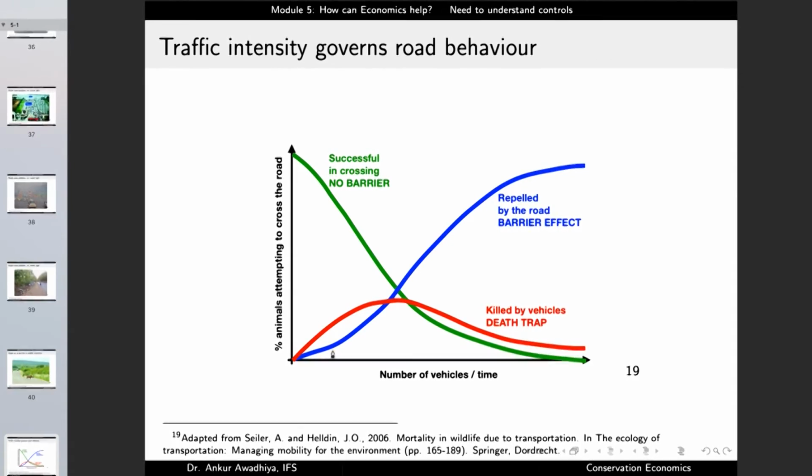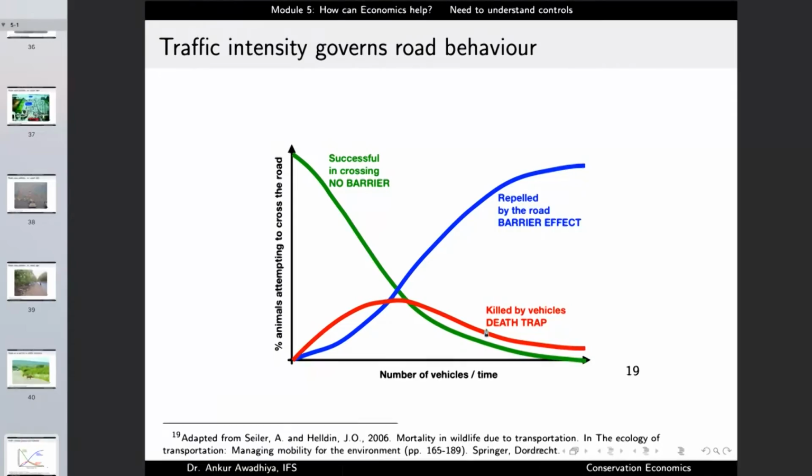But in these central areas where the vehicle density is in between, the animal sees that, okay, vehicles are coming, but not at such a huge density that I might be unable to cross. So the animal thinks, okay, let me take a chance and cross this road. And as it tries to cross, a vehicle comes and hits this animal, and the animal dies. So in this middle region, we have the highest number of deaths as shown in this red curve.